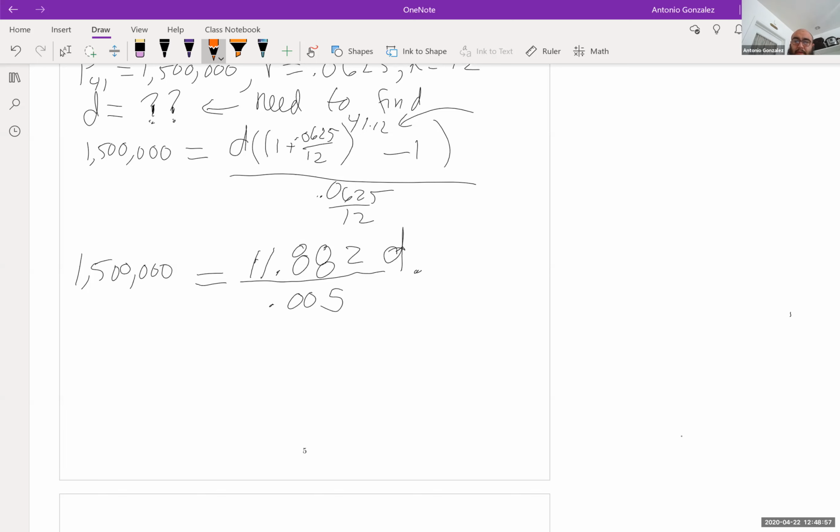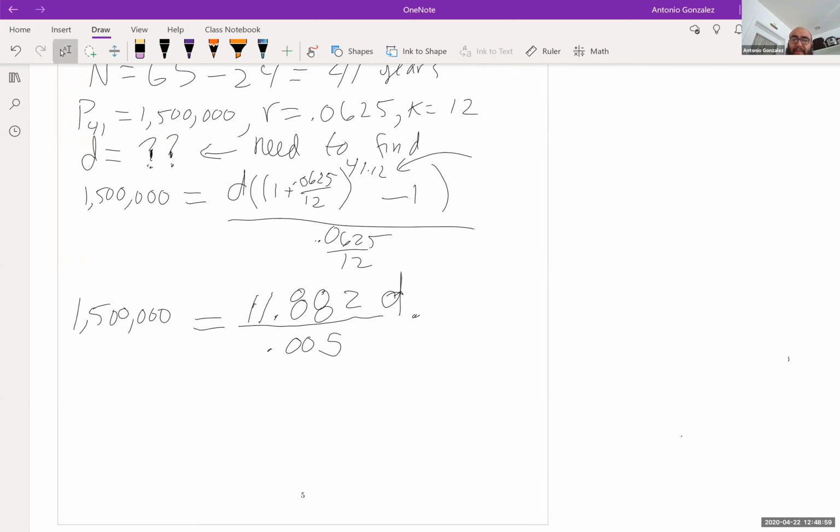So here we have the 11.882 from my calculator, and I divided this part, 0.0625 divided by 12, and that's where the 0.005 came from. I rounded; if you want to use 4 decimal places, feel free, but 3 should be good enough.